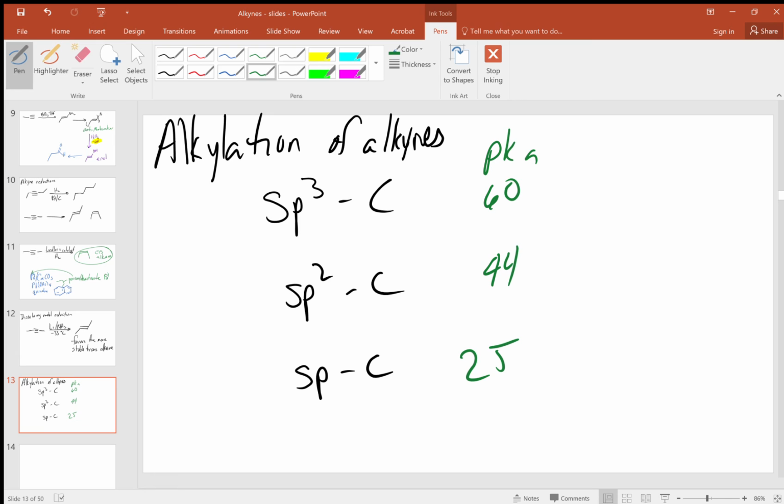And we attributed that to the fact that an sp carbon, the hybrid orbitals, are much higher in their s character, which means the electrons are more tightly held to the nucleus.